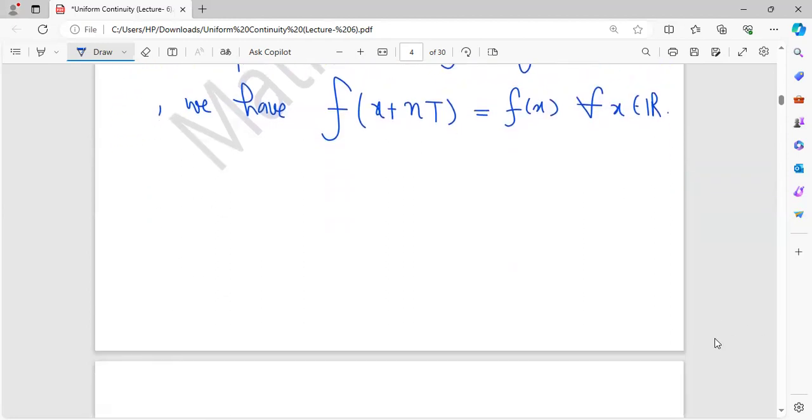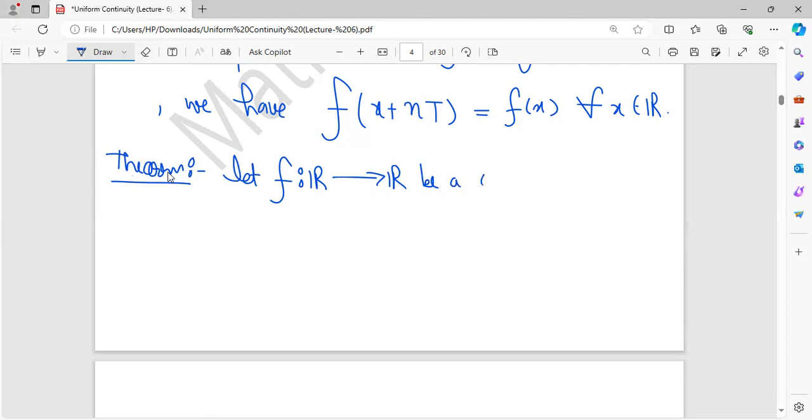Now we are going to prove a result. Theorem: let f: R to R be a continuous function.